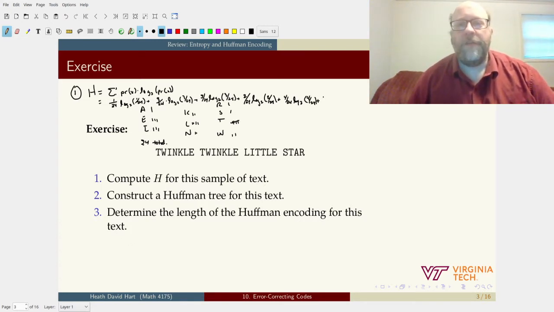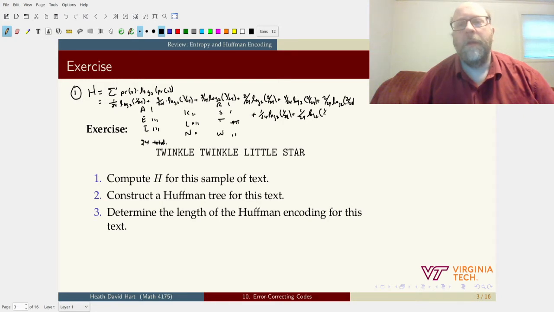N shows up twice, 2 over 24 log base 2 of 2 over 24. And then finally, the last letters are S, T, and W. T shows up 5 times. That's the most that we saw. And then W, 2 over 24, log base 2 of 2 over 24.